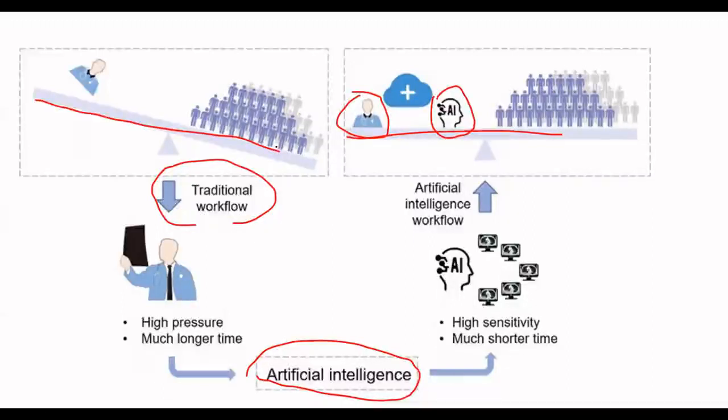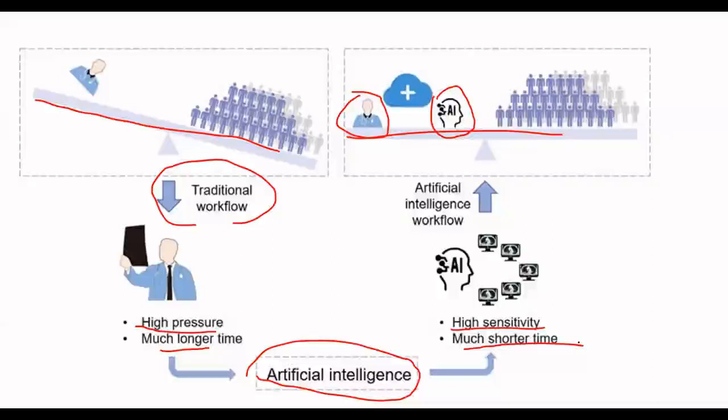So in a traditional workflow, they have high pressure and they take a lot of time for the processing. And if we have artificial intelligence with the traditional method, our data can be more sensitive and it will take a shorter time.